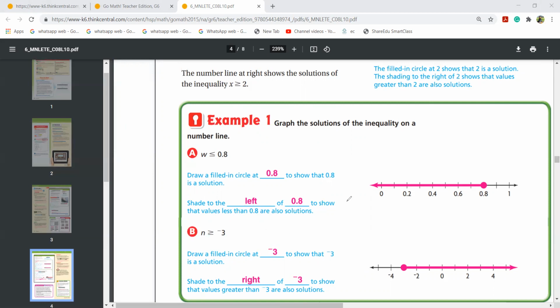Now come here, girls. This is n greater than or equal to minus 3. I go to minus 3. I make it dark because it is equal to. And then I go to the right side because of course it is greater than. But remember, girls, see, minus 4 is less than minus 2.